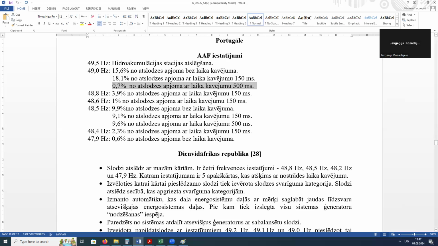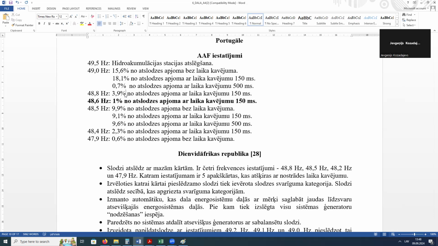The same is here. The second step is when the frequency drops to 48.8 hertz. So 3.9% of the connected load should be disconnected. This percent is 3.9% of the load connected to the under frequency automation, not of the total load of the power system.